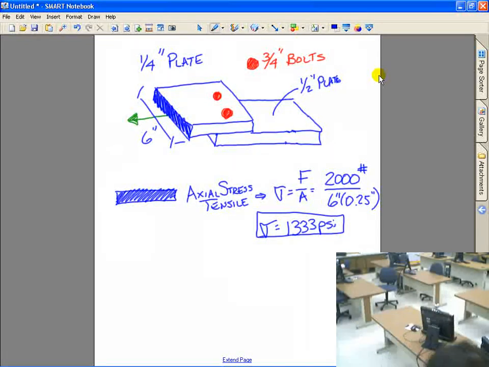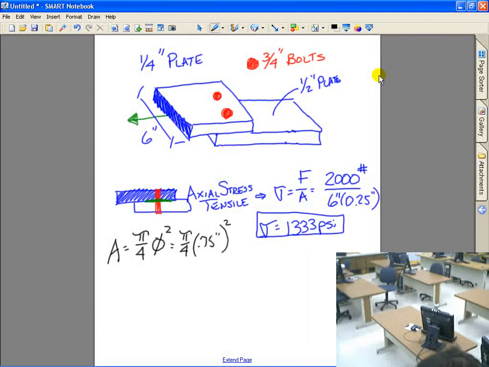Now let's check the shear of the bolt. Once again, we said we have a plate here and a second plate here, and we have the bolts, two of them, coming down through here. And we're having that shear stress right through here. The area equals pi over 4 diameter squared, which is pi over 4 times 0.75 inches squared.